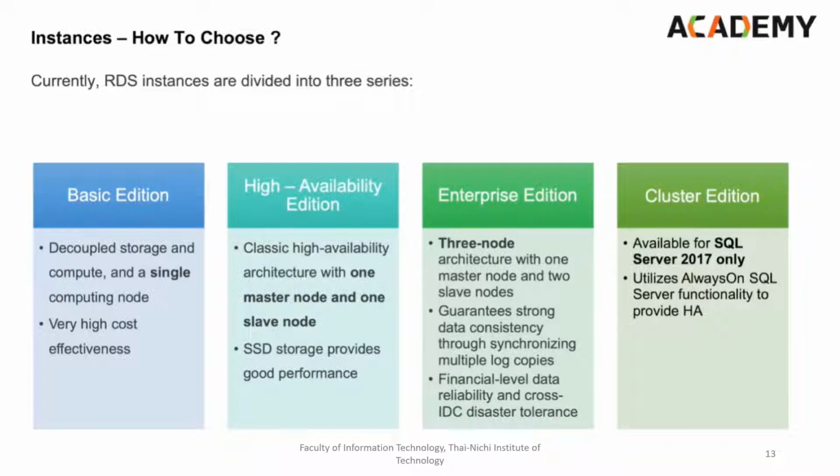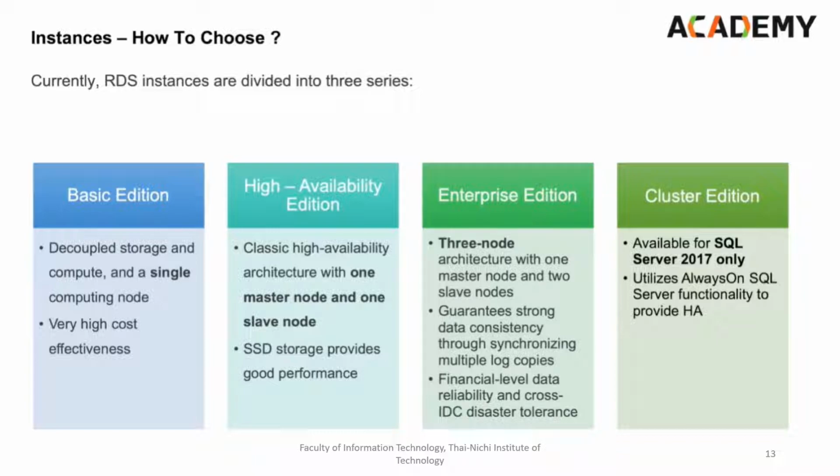In this architecture, the node which acts as a master will do the computations, and if in some cases the master node fails or has some problem, then the slave node, the subordinate node which is in line, will take charge and act as a master node. So it will increase the availability of the data. It uses solid state drive storage, which provides better performance than the basic edition.